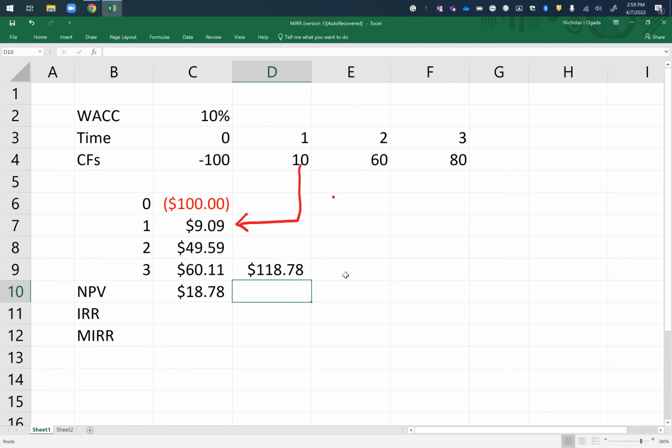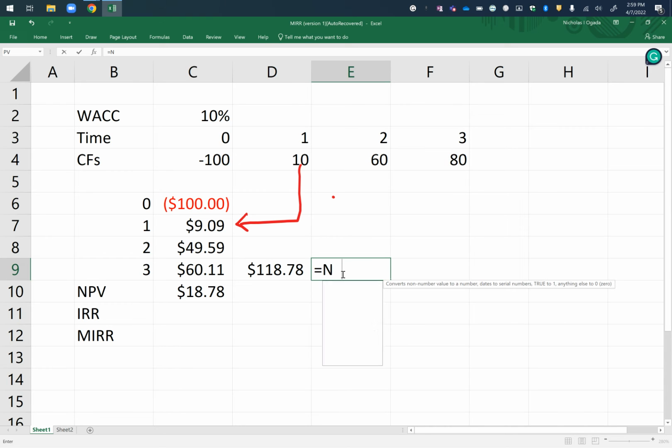So what you're going to do here is find the present value of all three, which is simply saying that the present value of the three values is my NPV.